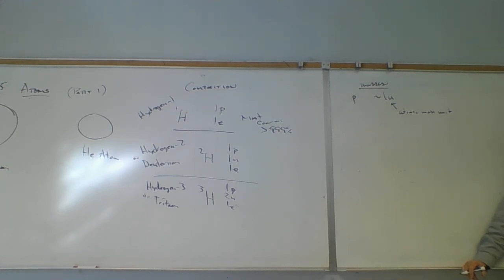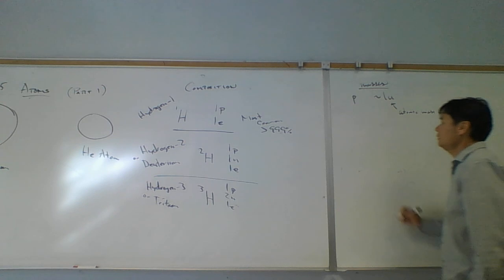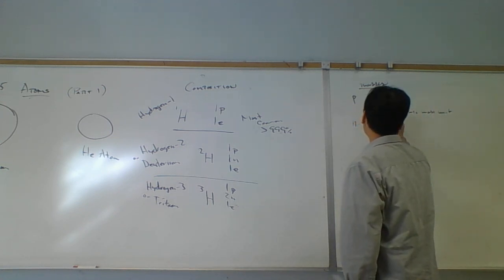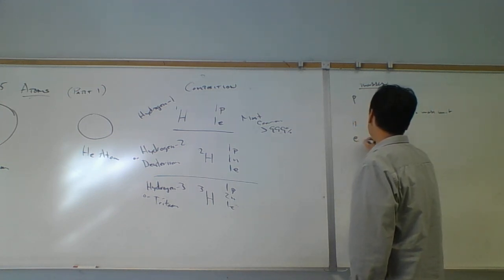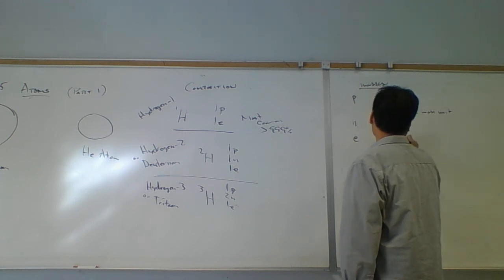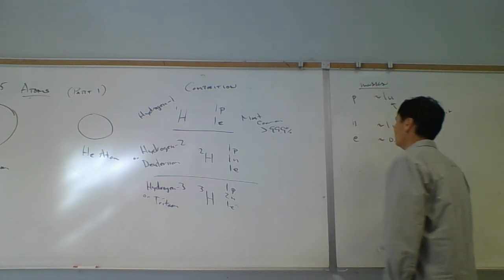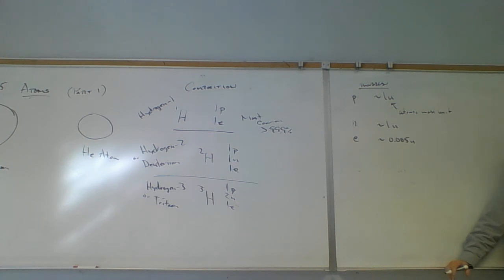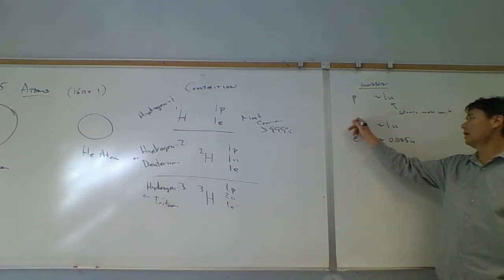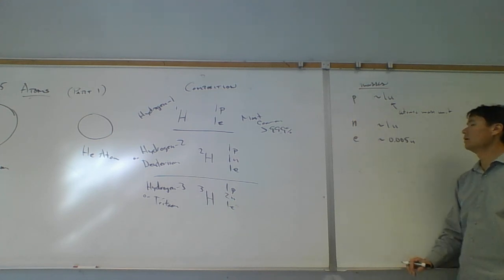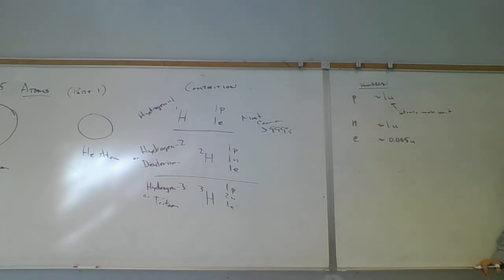You just know it weighs about 1 U. If you want a more precise mass, then you just look it up. A neutron weighs about 1 U. An electron weighs about 0.005 U. An electron weighs roughly 2,000 times less. So the neutron and the proton weigh quite a lot. They're about the same, although one weighs more than the other. You don't have to worry about which one. The electron's quite light.